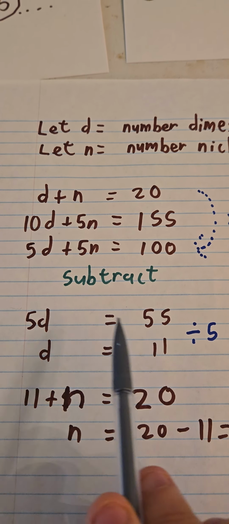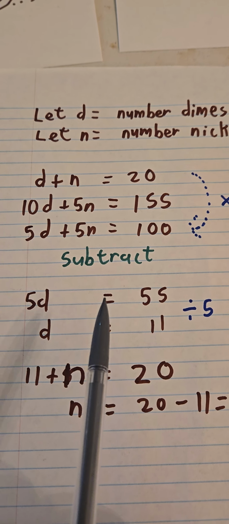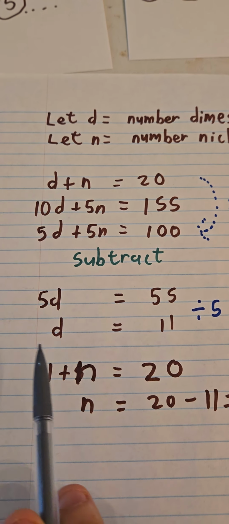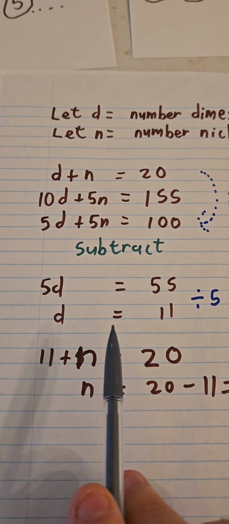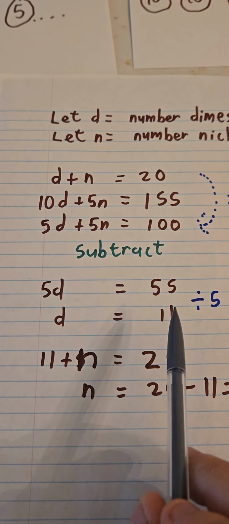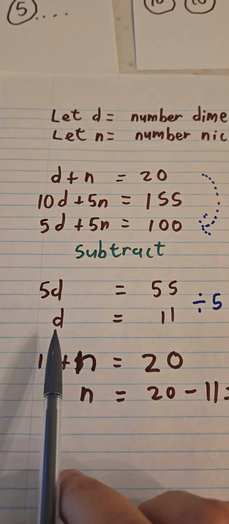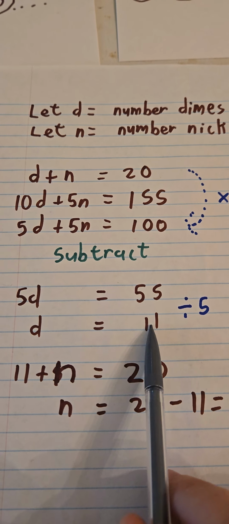So 5D equals 55. Once again, with my balancing scale, if I divide each side by 5, they will still be equal. It's true because I'm dividing by the same amount, and it's helpful because it solves for D. D equals 11.